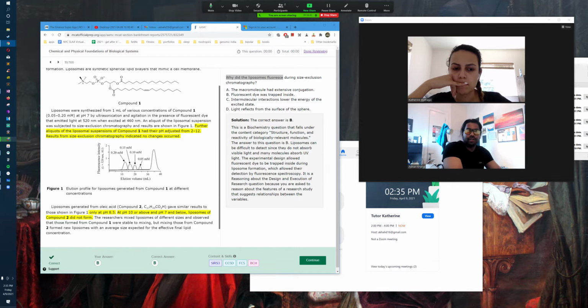When we collected the urine sample, she was crying because it was red and she thought that it was blood. And I remember telling her that's because Azo has extensive conjugation, so it's just giving off that reddish color.